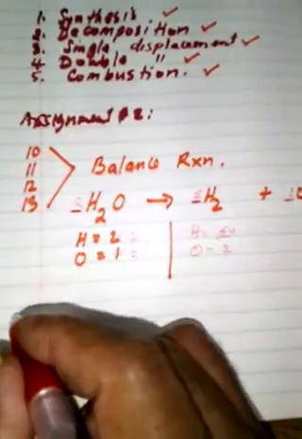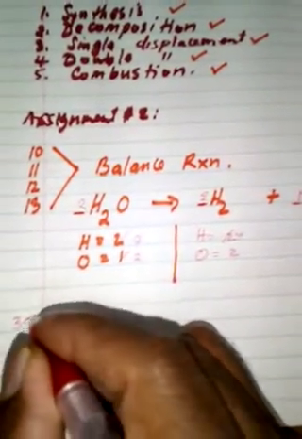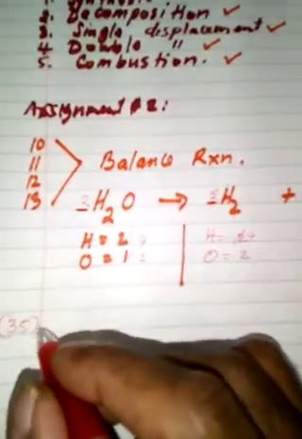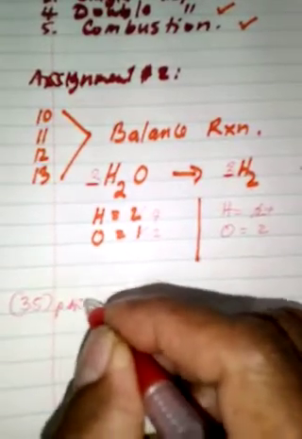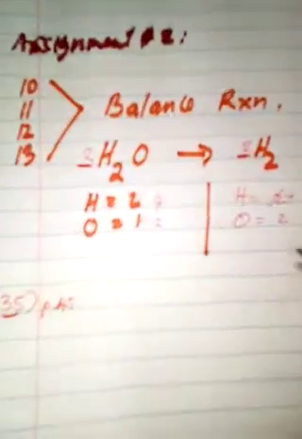Now, moving on to the next question. This is a more complicated question. Let's say question number 35. Question number 35, you can find it on page 45. Question 35 involves words.